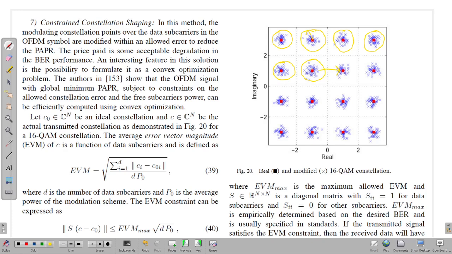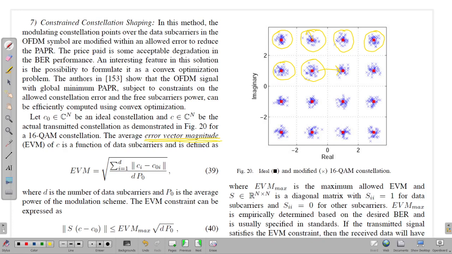So there is some constraint which is applied. There is some condition that needs to be satisfied, and that condition is this: the modification of a constellation point that you are making here should lie within a particular radius, and that radius is called the error vector magnitude.